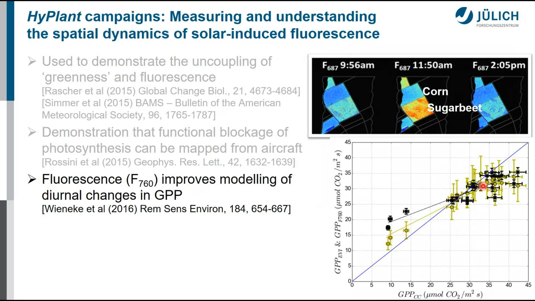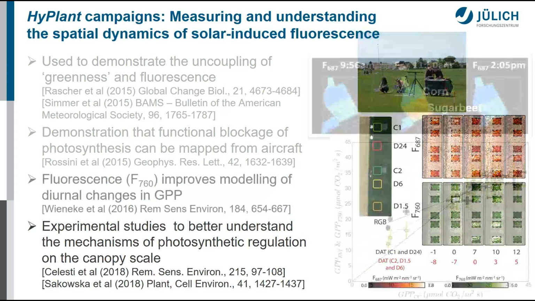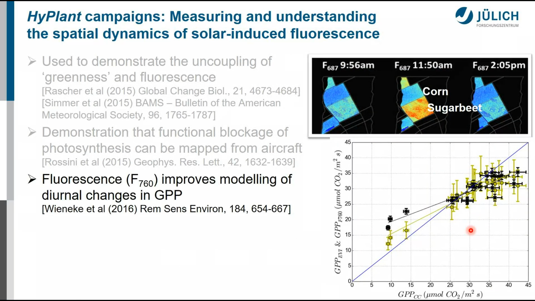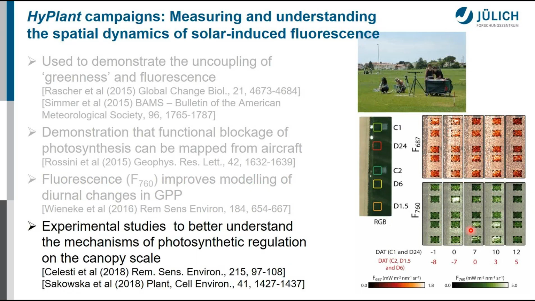And there the group around Bastian Wienicke could show for the first time that when we include this fluorescent signal in the prediction of the GPP, we can actually really increase the predictions of the carbon models. And this is something which is now also being picked up by various studies, also on larger scales, using various data to have a direct measurement of photosynthesis by means of this fluorescent signal.